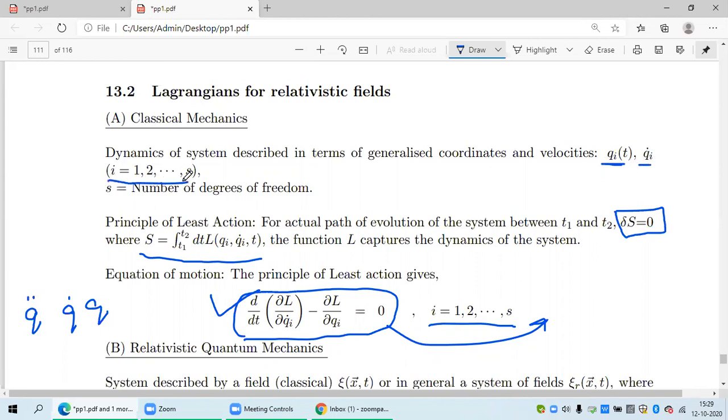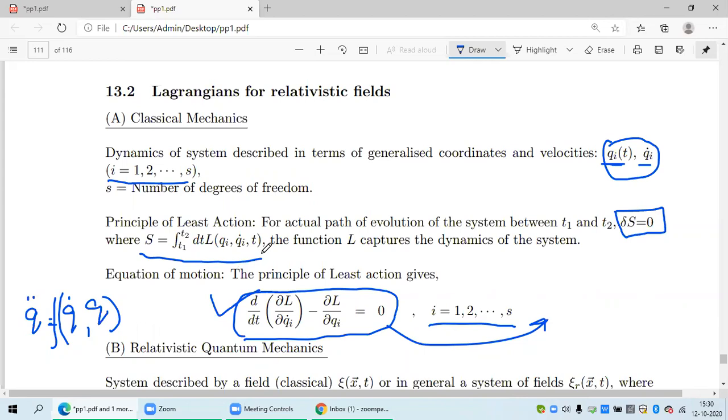So the dynamics of the system is described in terms of these two quantities. You don't need q double dot because q double dot is automatically related to q dot and q. Because at the very beginning, you assume that there must exist a relation between these, or in other words, an equation of motion for the system exists. Clear? So you all studied this in classical mechanics class.